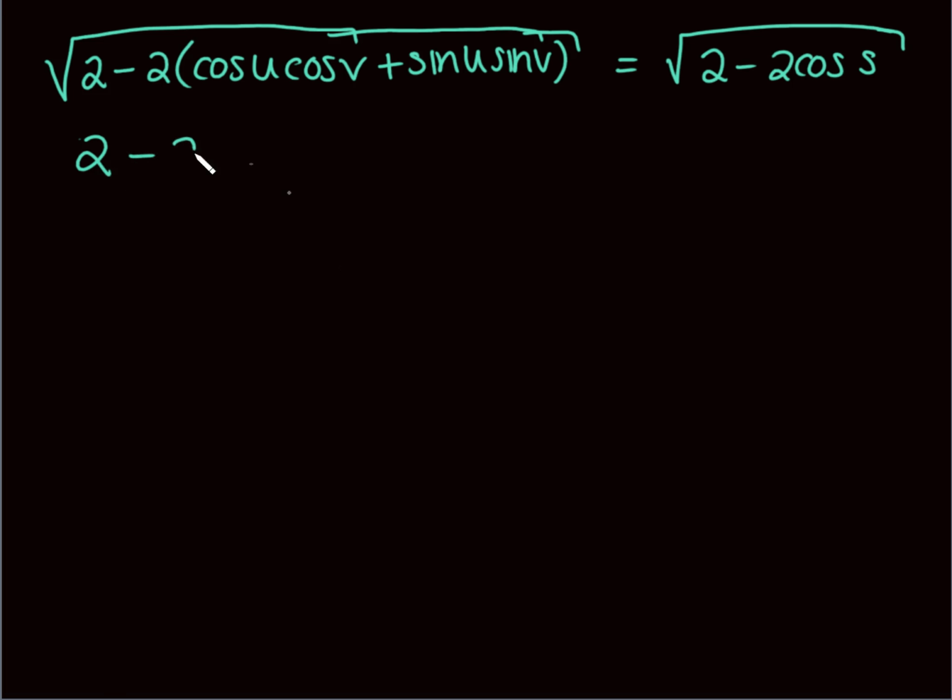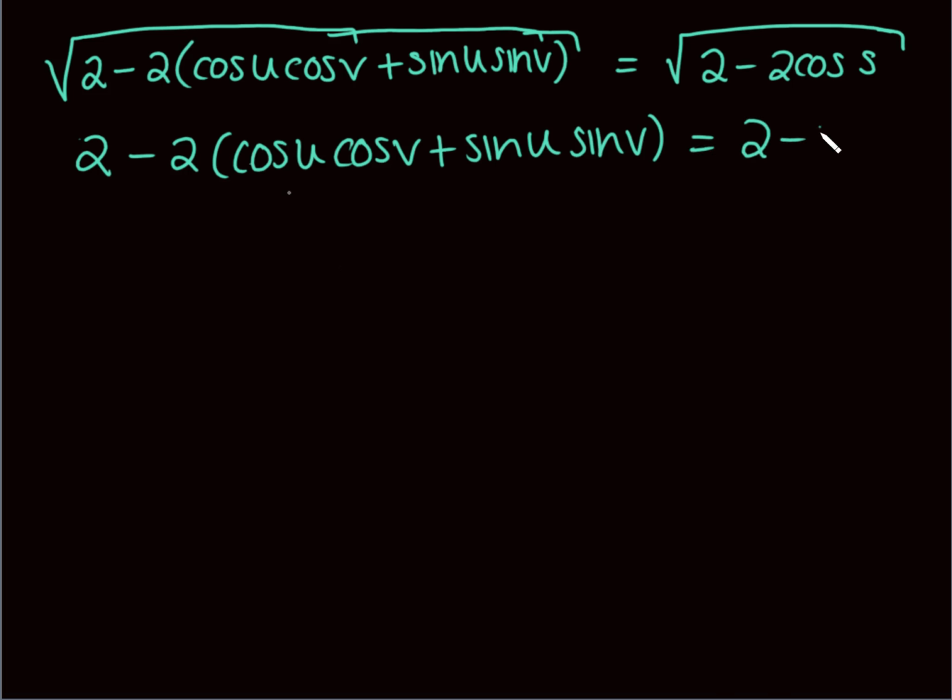Look at what we get. I get 2 minus 2 times the cosine of U, cosine of V, plus sine of U, sine of V equals 2 minus 2 cosine of S.